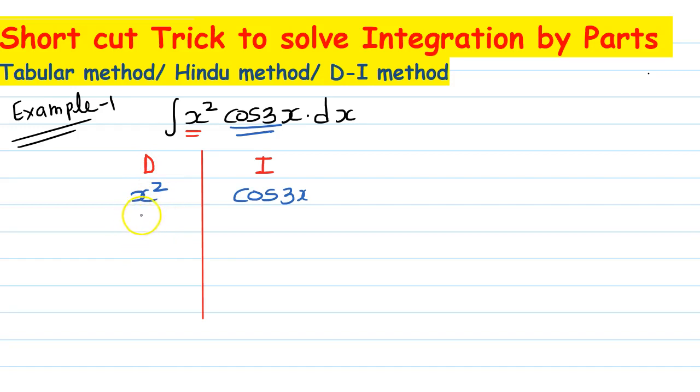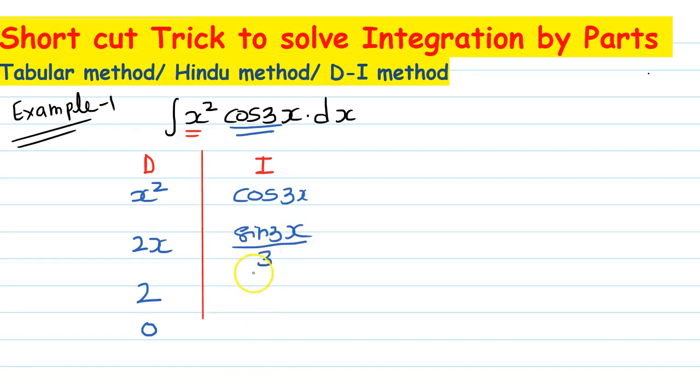So now let's do the differentiation. X square differentiates to 2x. Then 2x differentiates to 2, and the differentiation of 2 is 0. So you need to differentiate until you get 0. Now the integration of cos 3x will be sine 3x divided by 3.